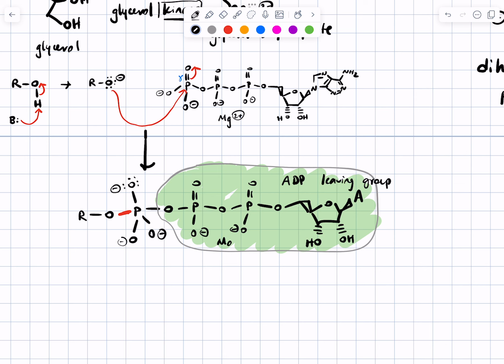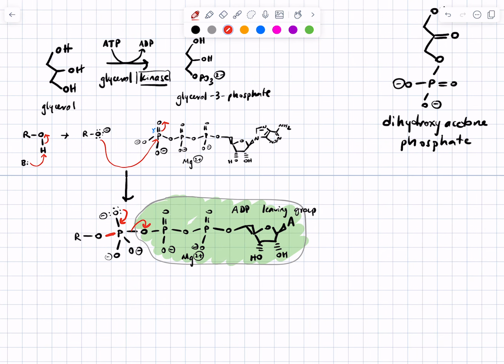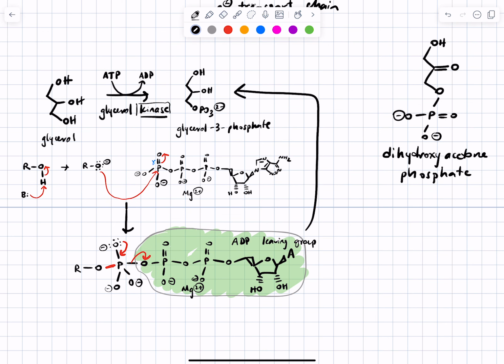Again, we probably have divalent magnesium metal interacting with the negative charges on those oxygens. Electrons will kick down, reestablish an oxygen phosphorus pi bond, and the leaving group will leave, and that will get us to that product. Okay, that is the mechanism for a kinase phosphate transfer.